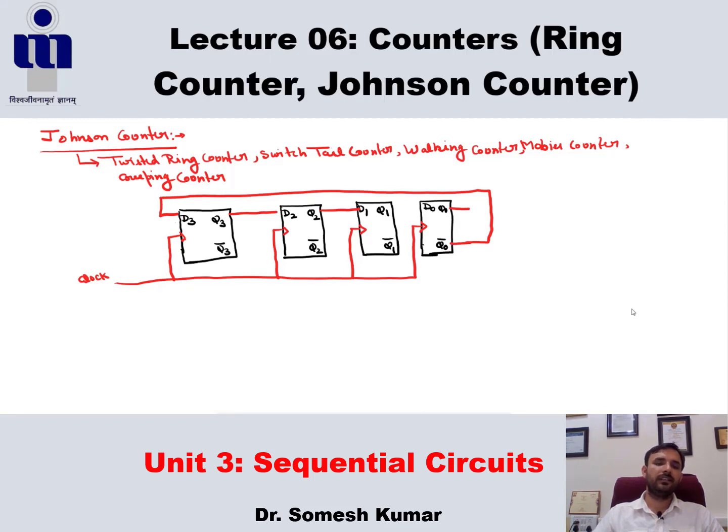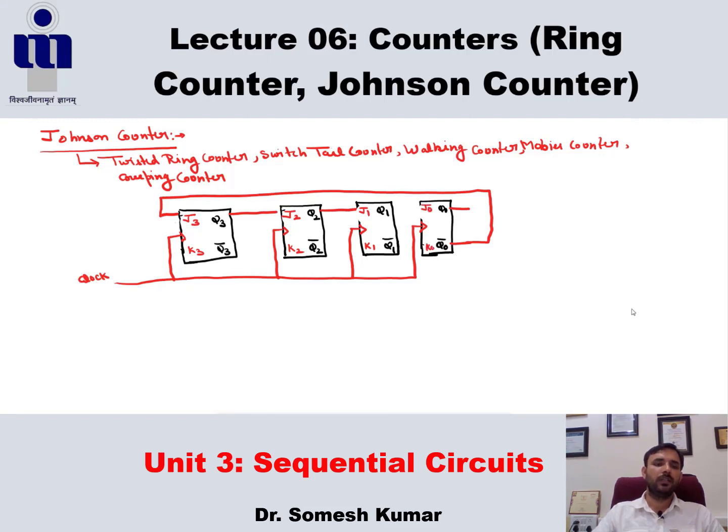If we design this using JK flip-flop, then what happens if we replace this D by J? Then we denote J3, K3, J2, K2, J1, K1, J0, K0.